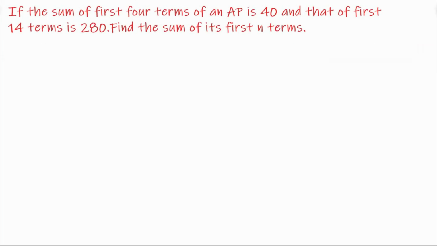The next question is, if the sum of first 4 terms of an AP is 40 and that of first 14 terms is 280, find the sum of its first n terms. So we are given the sum of first 4 terms, which is S4 and S14. The general formula Sn is n by 2 twice of a plus n minus 1 times d.